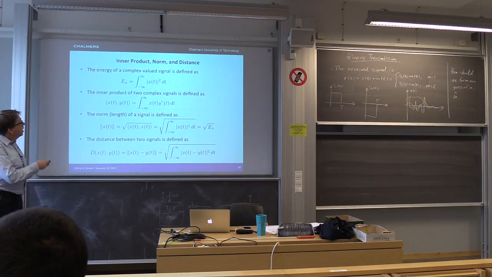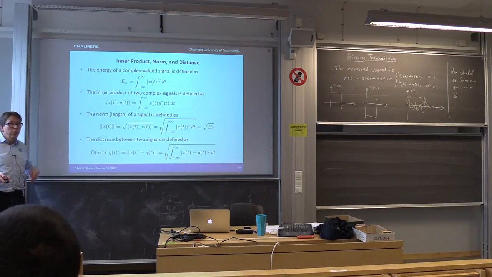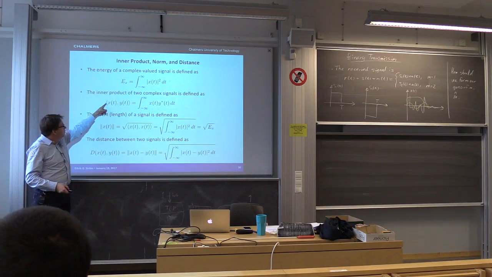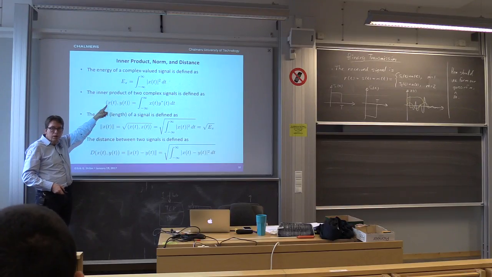And we will deal with complex valued signals also, so we just take the magnitude squared of this. Okay, so that's the energy. Now when we have the energy, if we have two signals, we can define what's called an inner product between them. It's also known as the scalar product. And we have special angled parentheses here, which have a specific meaning.